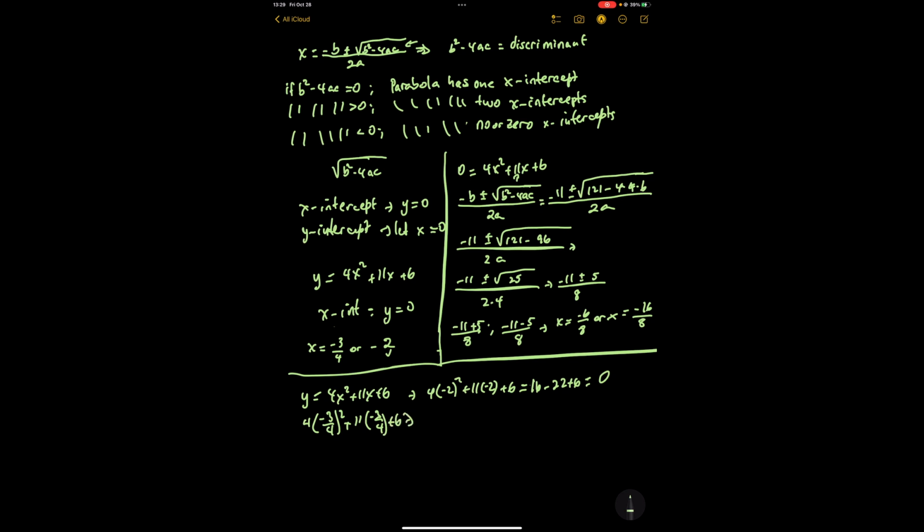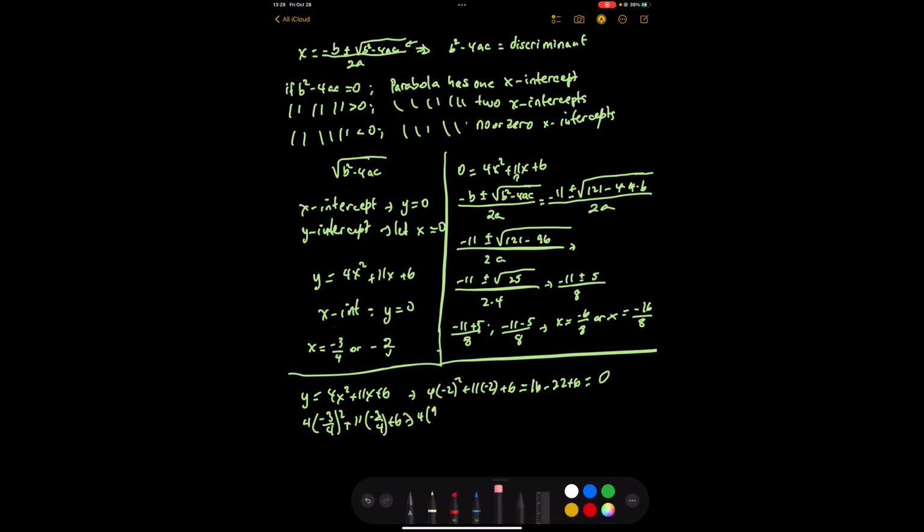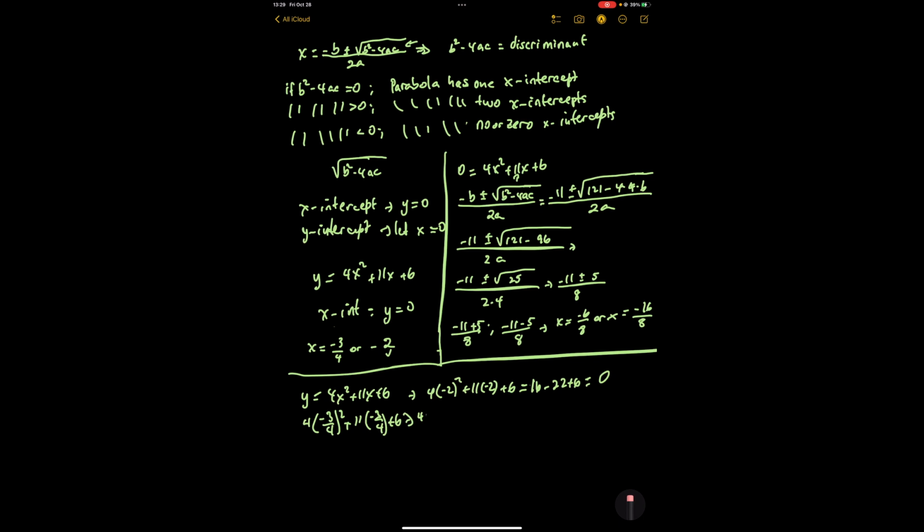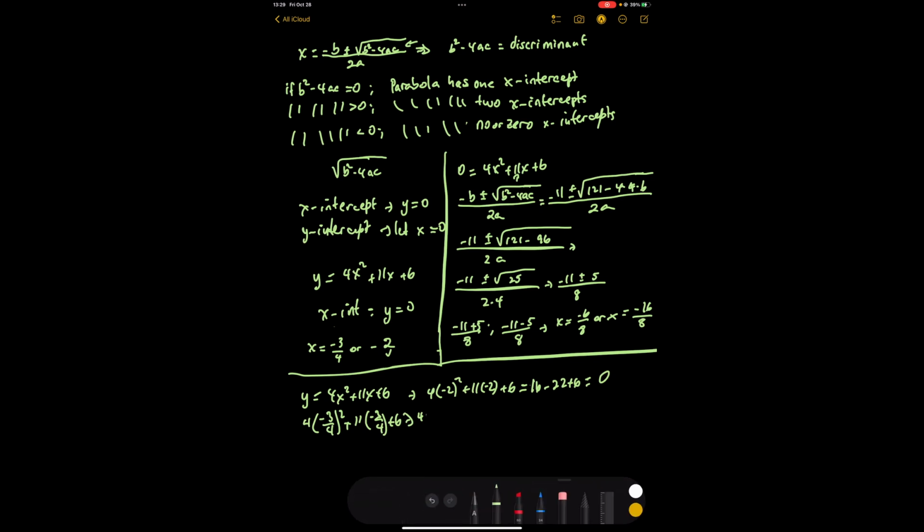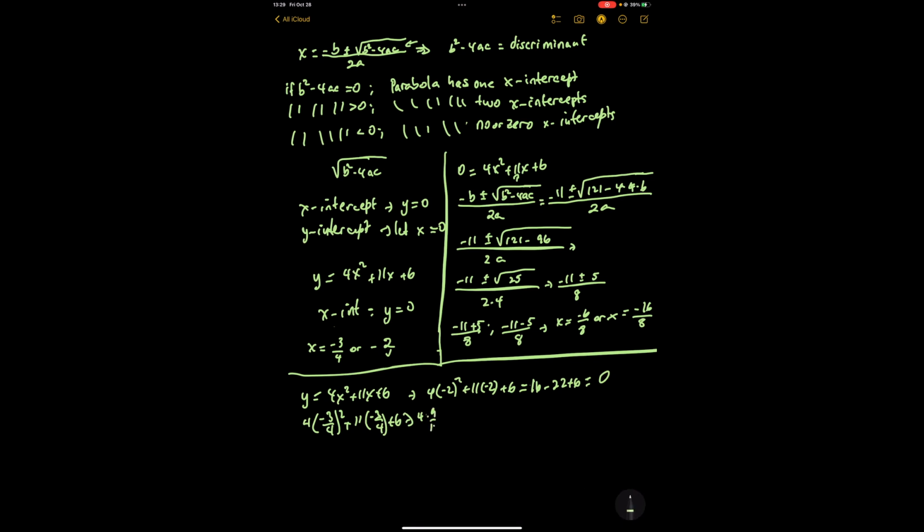So that's going to be 4 times 9/16, which is 9/4, minus 33/4 plus 6.